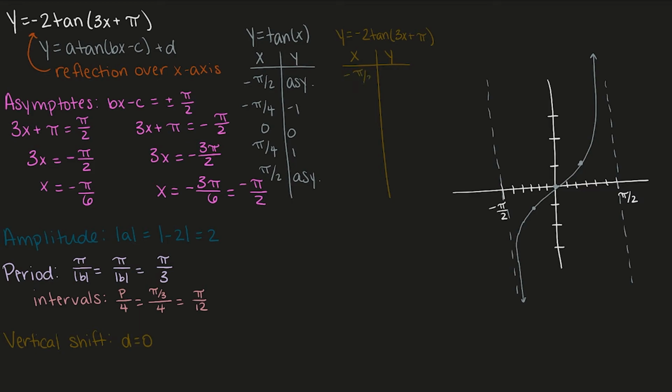Our leftmost asymptote is negative pi over 2, and our intervals are pi over 12. So we'll add pi over 12 to each x value. That gives us negative pi over 2, negative 5 pi over 12, negative pi over 3, negative 3 pi over 12, and negative pi over 6. Negative pi over 2 and negative pi over 6 are asymptotes on our graph, so we'll list those as such.